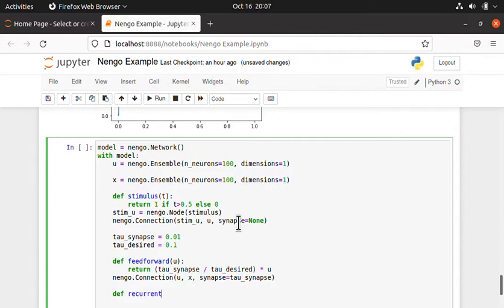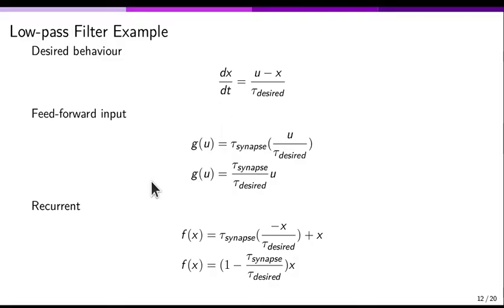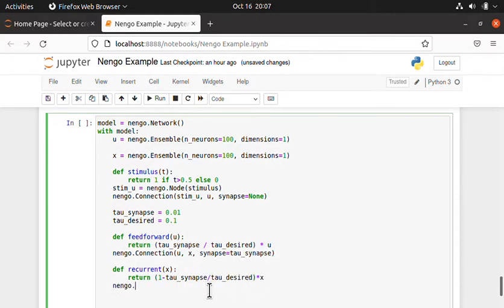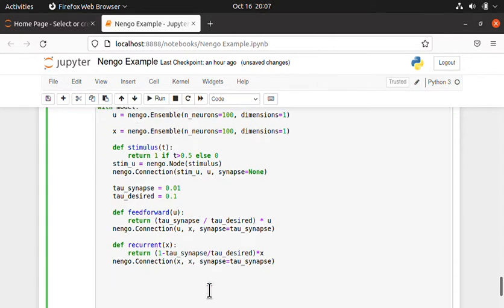And I'm going to have the recurrent function. What's that function? Well, that's going to be 1 minus tau synapse over tau desired. There, and we're going to make a connection from X to X where the synapse is the tau of the synapse. All right, is that going to do what we want?